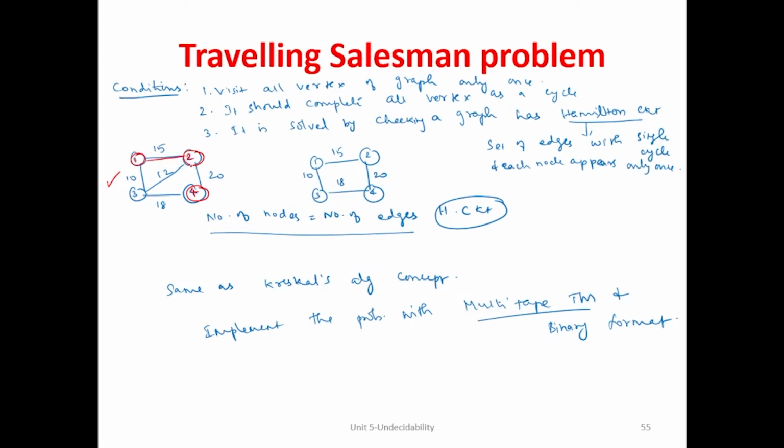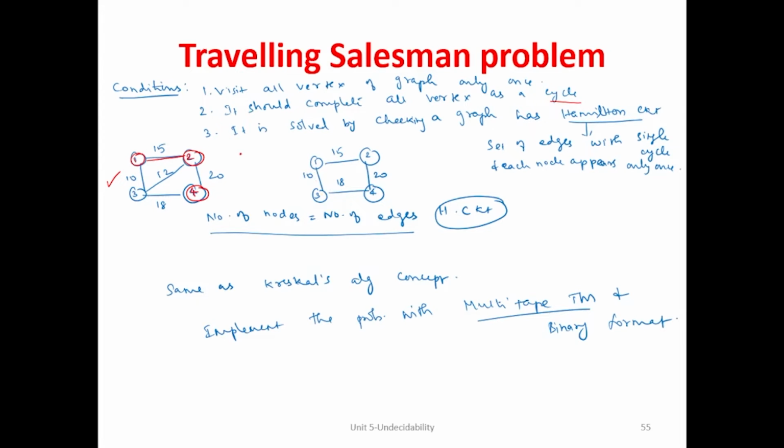In no situation can you visit node 2 a second time or a third time. That is wrong. So you should visit all the nodes in a graph only once. This is condition number 1. Condition 2 is that it should complete all the vertices as a cycle. So at the end there should be a cycle completing all the edges in the particular graph. So this is the second condition.